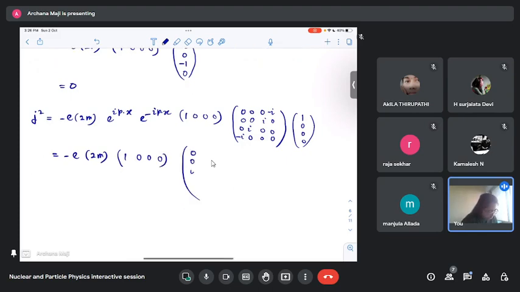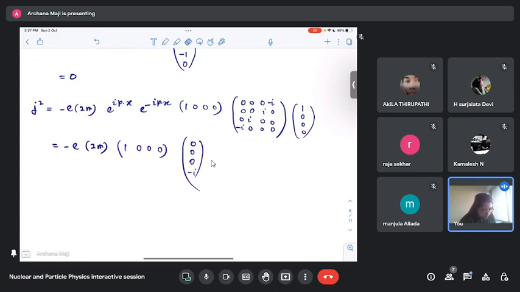Again the last element will be minus I, and this multiplication will give you 0.